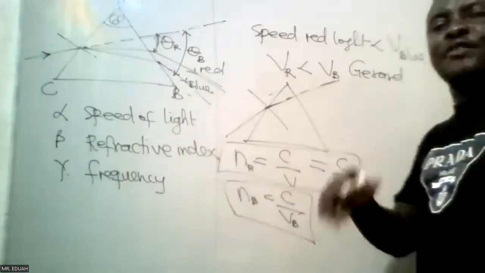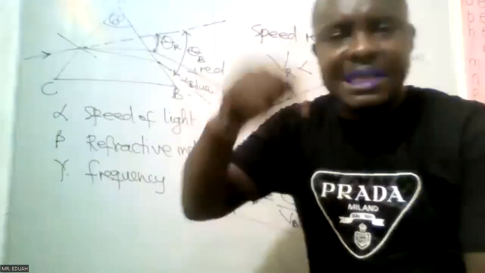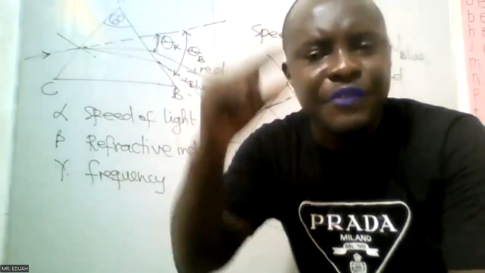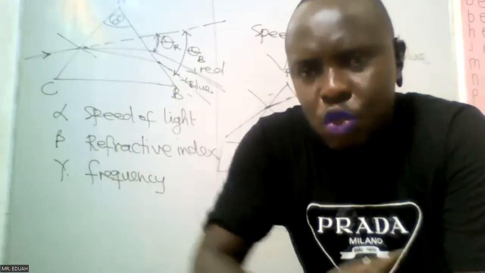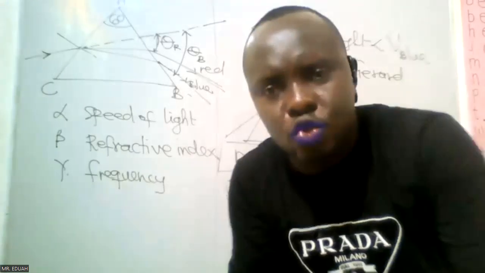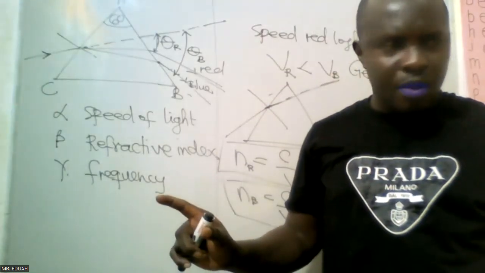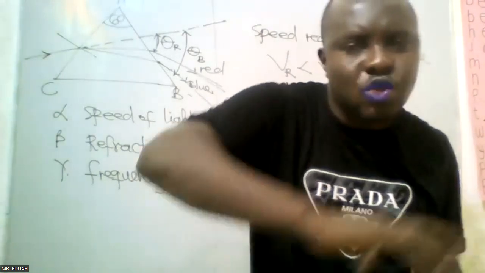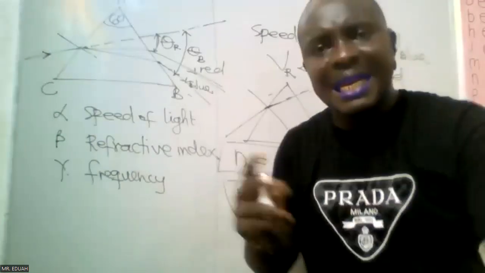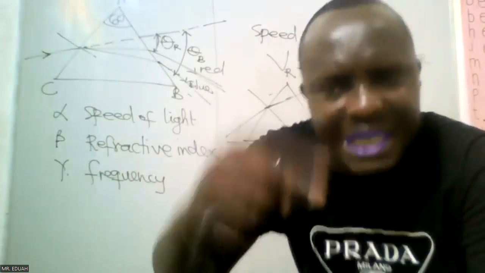You see, the refractive index of a material is the material's ability to deviate the path of light when passed through it compared to the deviation by air. So if the material is able to deviate the path of light so well, then the material would have a larger refractive index.